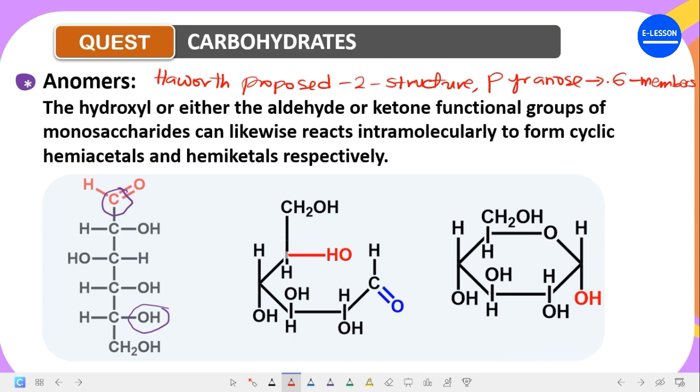That means the ring has 6 atoms in it. And the next one he proposed is Furanose. Furanose has 5 members.